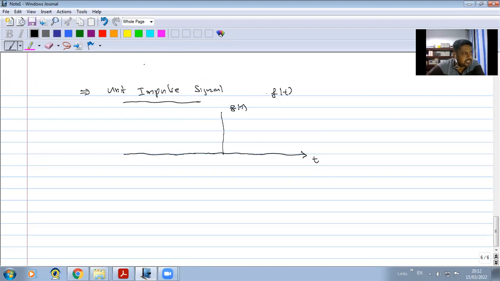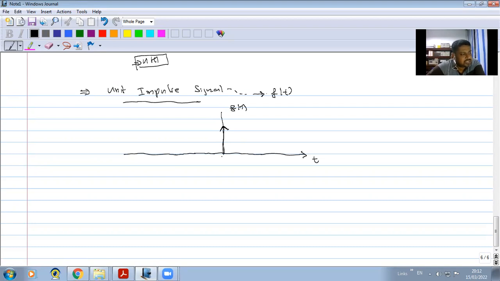The unit step signal is denoted by u(t), but the unit impulse signal is denoted by delta(t). It is something like this. It is just an impulse.